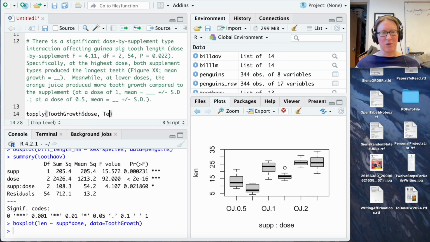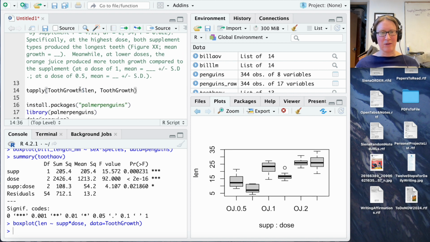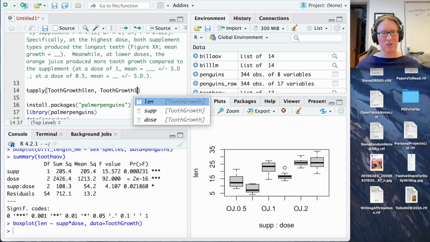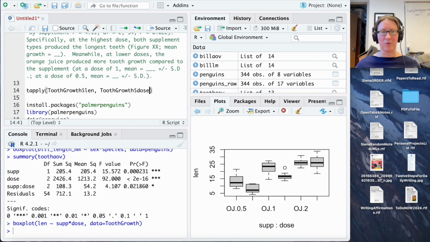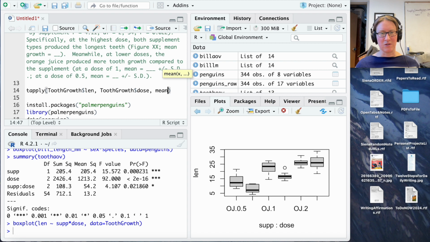And then I want to know something about, oh, sorry, not dose, len for length. Let's check that. Yep, okay. So I'm going to put the measurement I'm interested in as the first argument, tooth growth, $, dose, as the second argument. So I want to look at length as organized according to dose, and I want to calculate a mean, right? So as here.